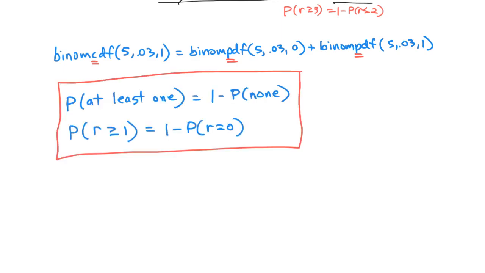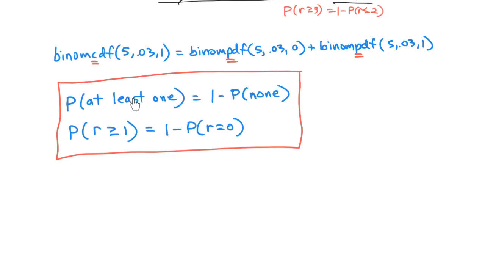Another one just to look at. The probability of at least 1. This was actually mentioned in chapter 4. I said this would be coming up. Probability of at least 1. There's a lot of work to find this because at least 1 means r could be 1 or 2 or 3 or 4 or 5 or as high as it goes.